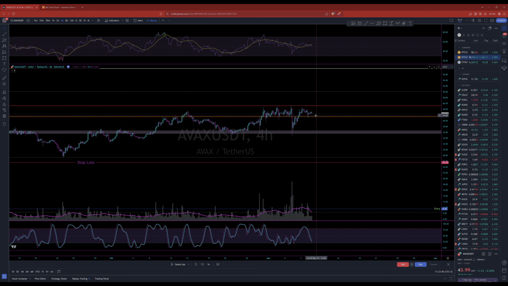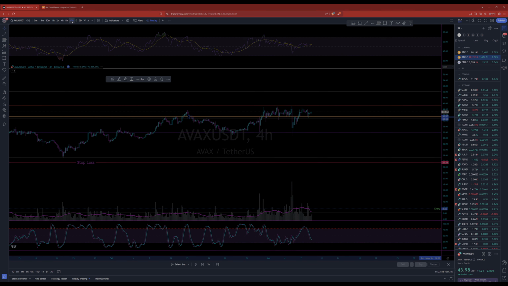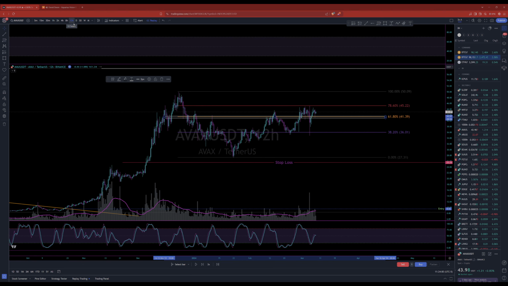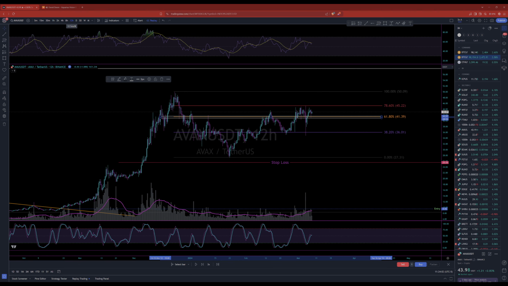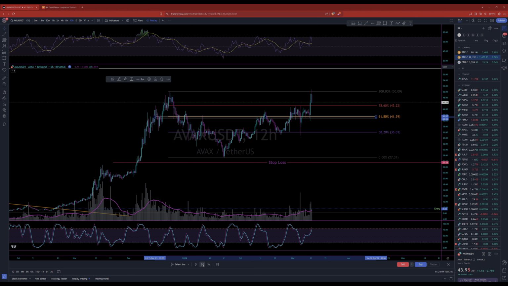Respecting the 618. That's our orange line. And what happens? What do things look like on the high time frame right now? Oh, baby.